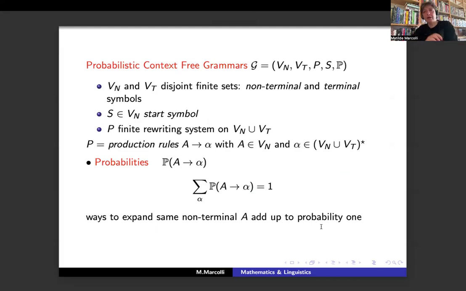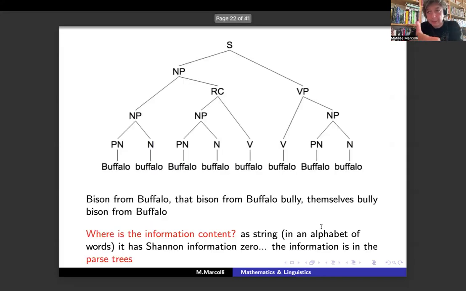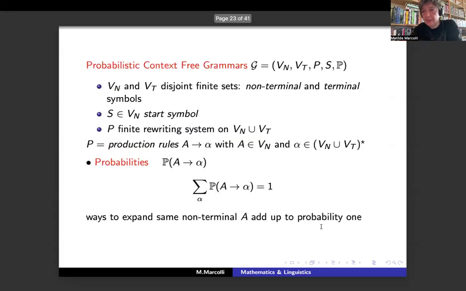Okay, so next time I'm going to finish discussing these probabilistic methods in the theory of formal languages. And because of this fact, that clearly the information is contained in the parsing structure, in the trees, not in the strings of words, the idea is that one shouldn't try to put probabilities on the string of words like these Bernoulli and Markov cases, which are rather uninformative in the end.